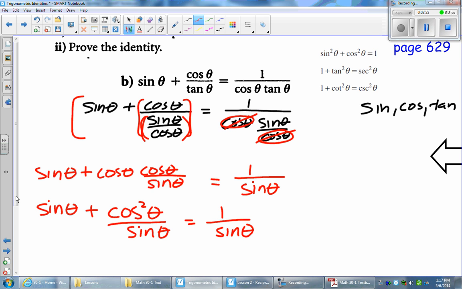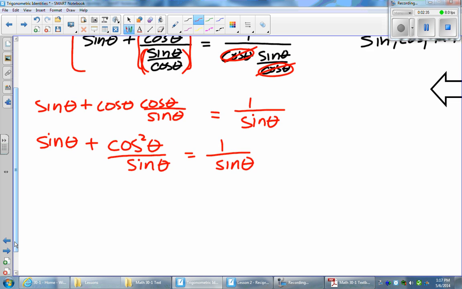On the left-hand side, we still have some more simplification to go. Let's combine these into one fraction. To do that, take the first fraction and multiply the top and the bottom by sine theta to create the same denominator.